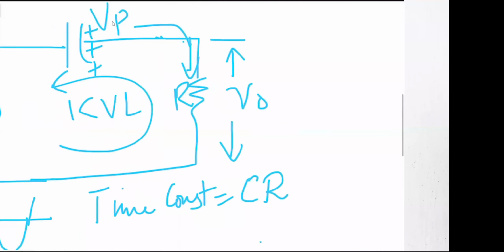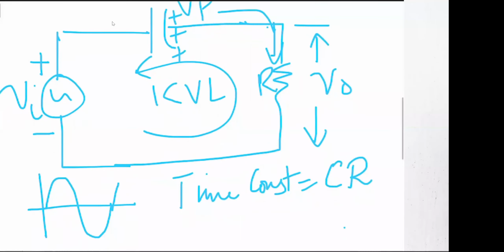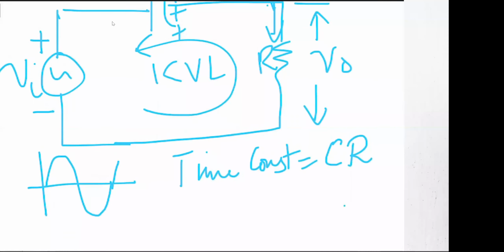If we look back into the circuit, V naught should be equal to the drop across the capacitor, which is Vp, plus the input signal, which is Vi. Are you with me? Yes, sir. Okay.